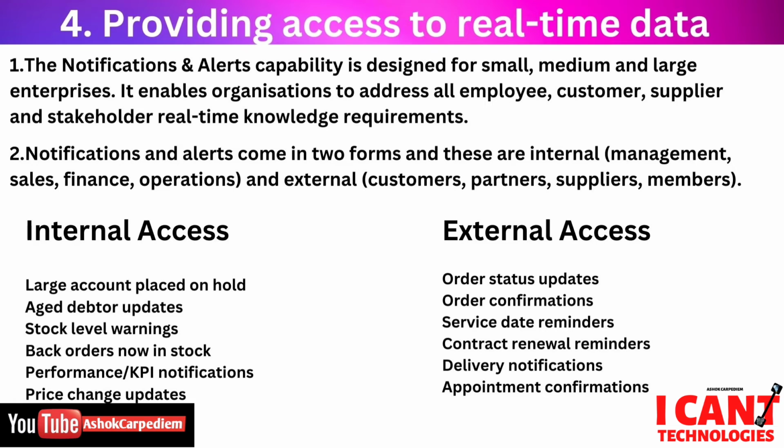The fourth one is providing access to real-time data. For example, if anybody, like customers, partners, suppliers, takes anything from the industry, we should know what real-time data is. We should have immediate access to data for stock level warnings, back orders, performance, order status, the service date which we gave earlier, order information, contract renewal reminders, delivery notifications, appointment confirmations.